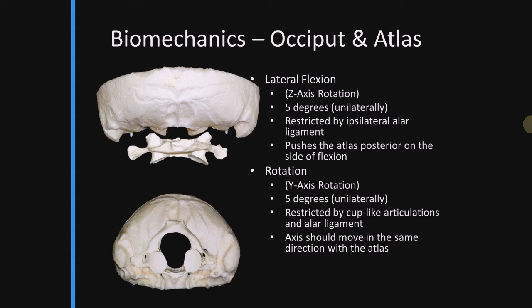When looking up the y-axis of the patient, there's also a 5-degree unilateral rotation capability of misalignment, but the restriction is by the cup-like articulations as well as the alar ligament. And typically, axis will misalign rotationally in the same direction as the atlas misalignment.